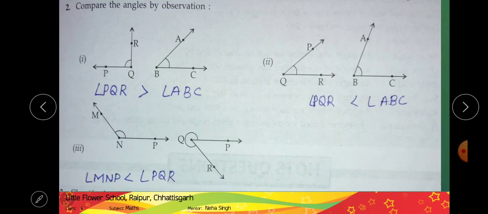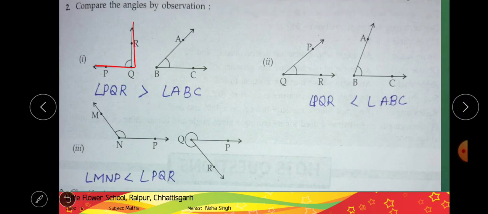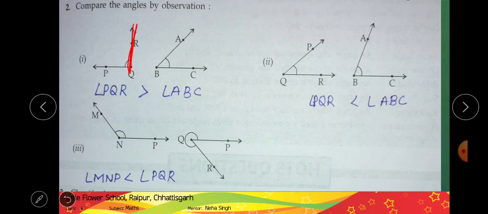So coming to the next exercise, compare the angles by observation. Now we can see this angle seems to be 90 degree, right? This is a straight line, it is not a straight angle, this is a straight line. So we can say this is 90 degree and this is less than 90 degree.